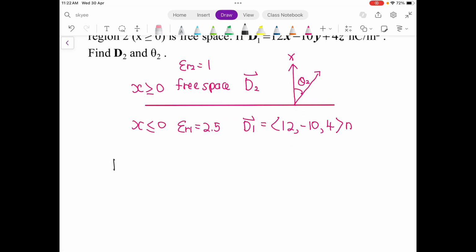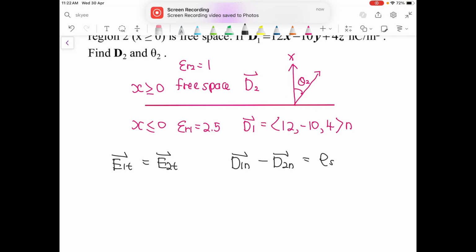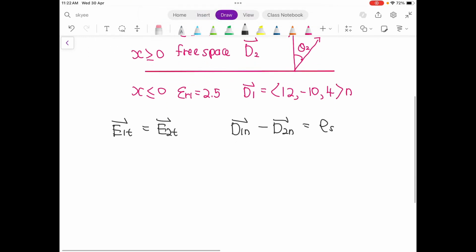All right, so let's begin with the boundary conditions. This is the equation that you must remember for boundary conditions. D1n minus D2n equals rho s. Now we have D1, and we must break this D1 into normal components and tangential components.